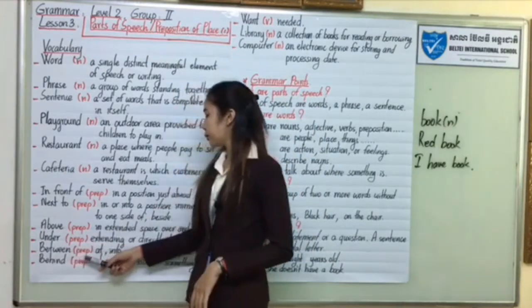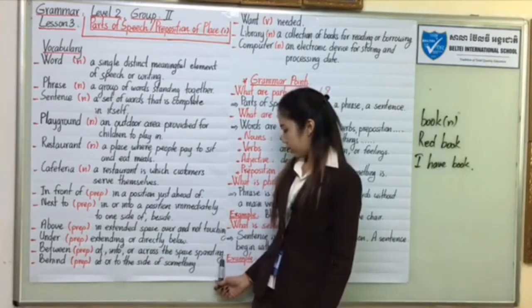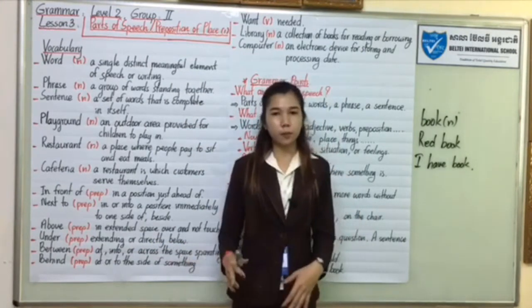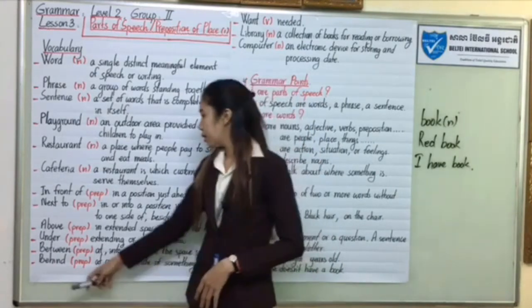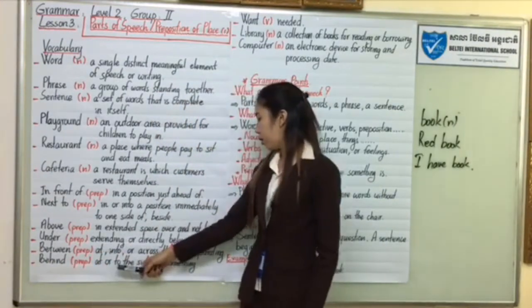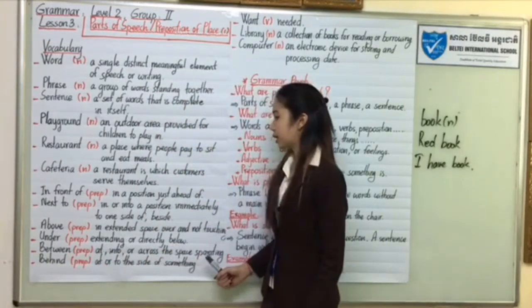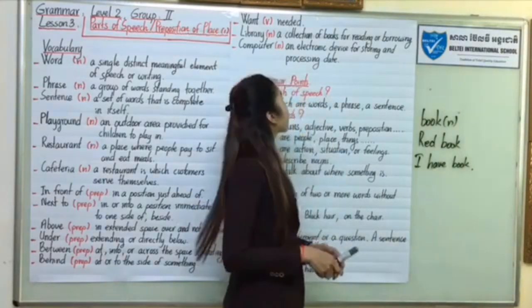Between, function as preposition, in or across the space separating. For example, Dara sits between Chita and Thira. Behind, function as preposition, at or to the back of something. Like the whiteboard is behind me.